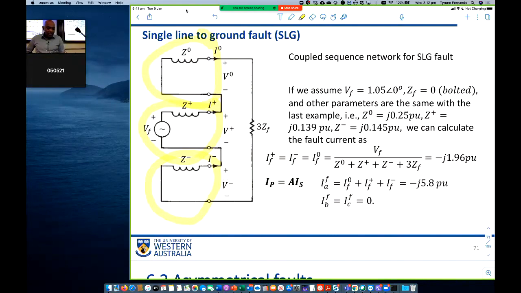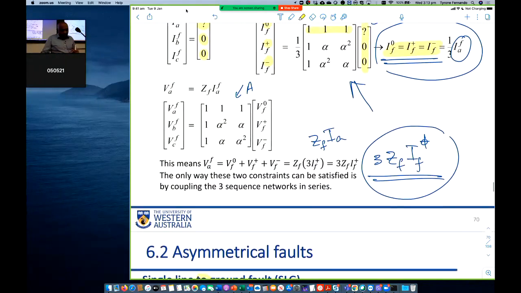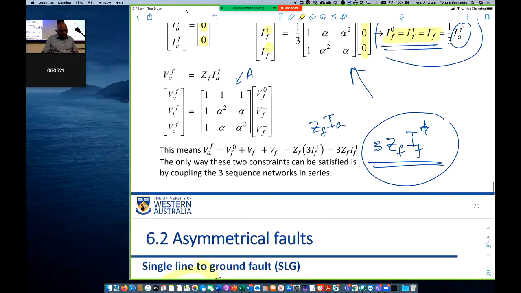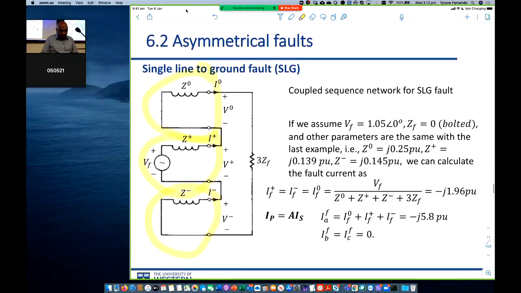So you can see we have connected the three circuits in series in this situation. That is a possible way that we can make sure that all three sequence currents are the same. Then on top of that, we have to make sure that VAF is actually 3 times ZF times the sequence current, right?